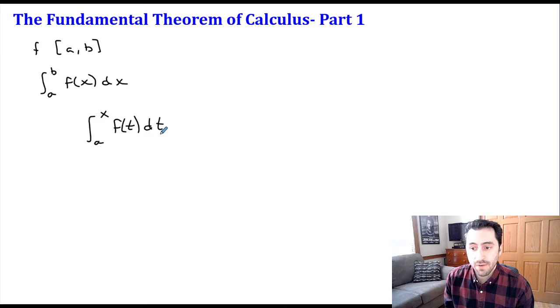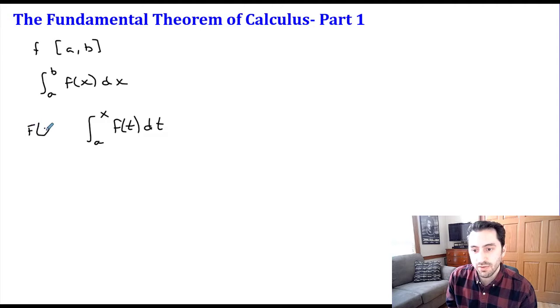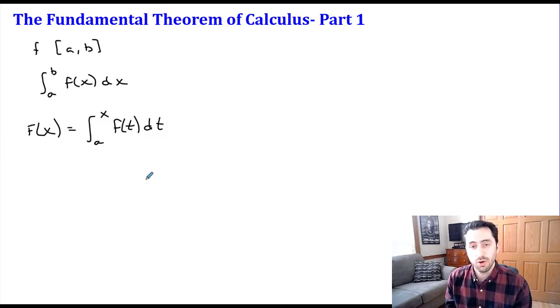This is a function that depends on x. As that x value changes within that interval from a to b, the value of this integral also changes. So because this can be thought of as a function of x, let's write capital F of x is equal to that integral. So that's the setup for part 1.